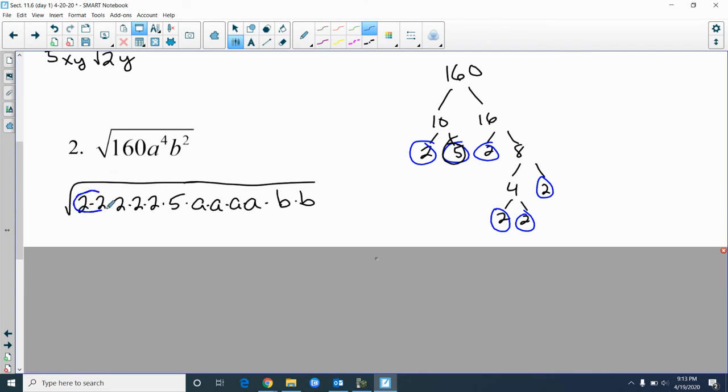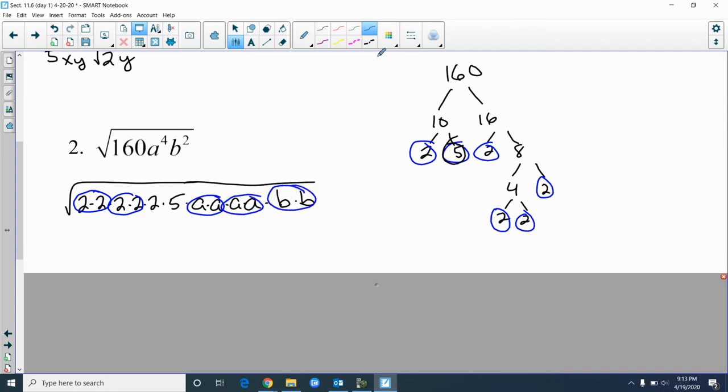All right, buddy system. Everything that's circled goes out and then multiplies together. I got a pair of 2's, so I get a 2 on the outside. Another pair of 2's. Multiply together in the next step. I got a pair of a's, which is 1a. Another pair of a's, which is a second a, then a b. Anything left multiplies together.